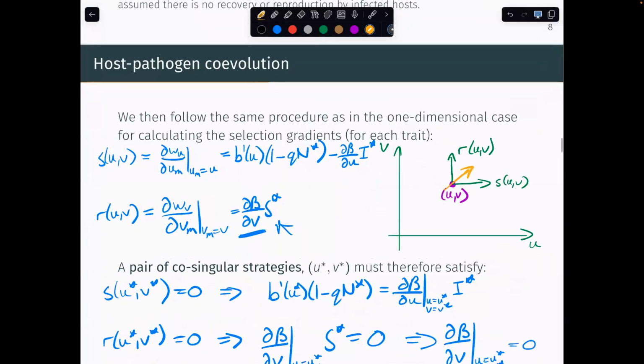We can actually talk about this as a system of ODEs itself for U and V, in which case this analogy breaks down a little bit. But this is the setup of how we're getting there. For evolutionary stability, we only care that we're at a fitness maximum in this direction, or in this direction. We don't care about whether we're at a fitness maximum in this direction.